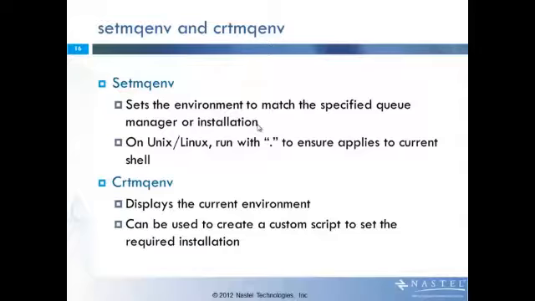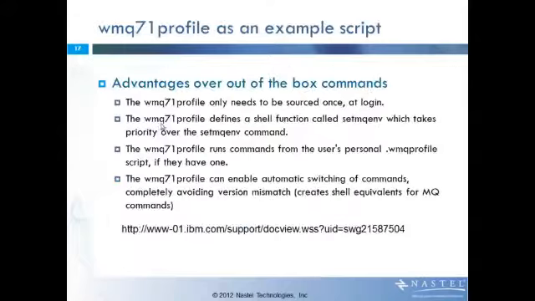On the Unix, Linux systems, you want to run this with a dot option to ensure that it applies to your shell, not just to the command when it runs. You can also use crtmqenv, which will display the current environment. This can be used to create a custom script to create your own scenarios so that you can specify the configuration that you need for a specific environment.